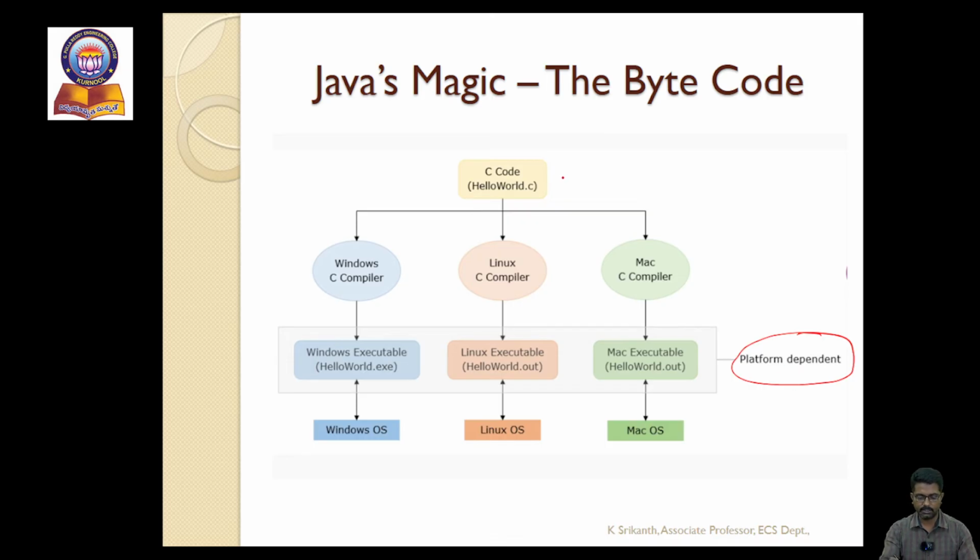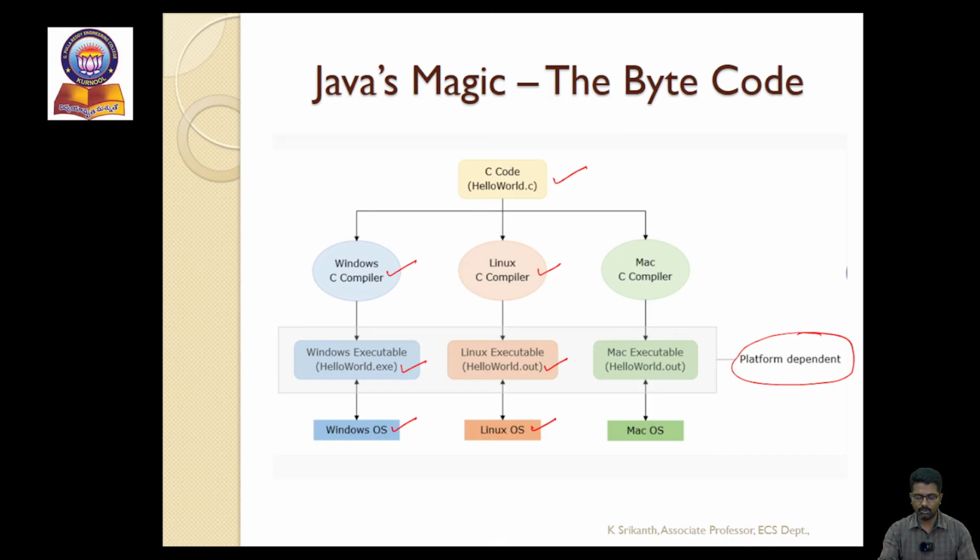If you see the C code, which is in the file extension .c, helloworld.c, it is given to the Windows C compiler, where it generates a file called helloworld.exe, which is understood by the Windows operating system. Whereas the same helloworld.c is given to the Linux C compiler, and it generates a different format of file, that is helloworld.out, which runs on the Linux operating system.